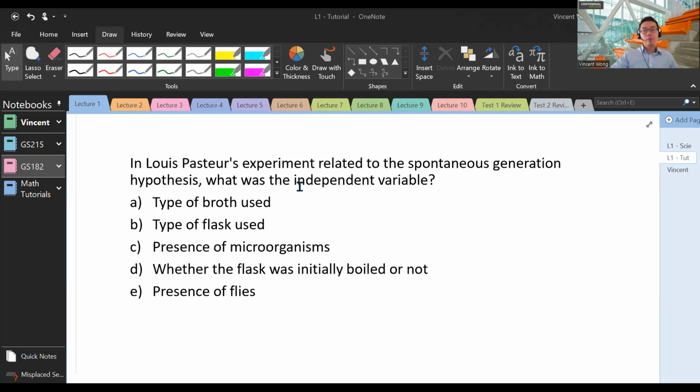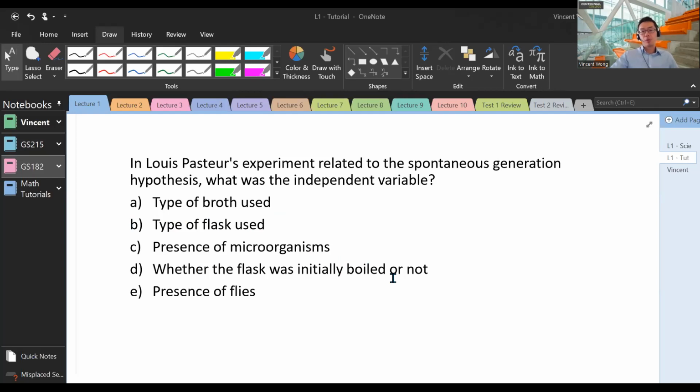The independent variable is the one that he is in control of, and he is in control of the type of flask that is being used. He chooses to have the open top or the swan neck, and that makes it the independent variable. The type of broth was not changed in both groups, so that's not a variable. Presence of microorganisms, that would be the dependent variable. That's the one that he's observing.